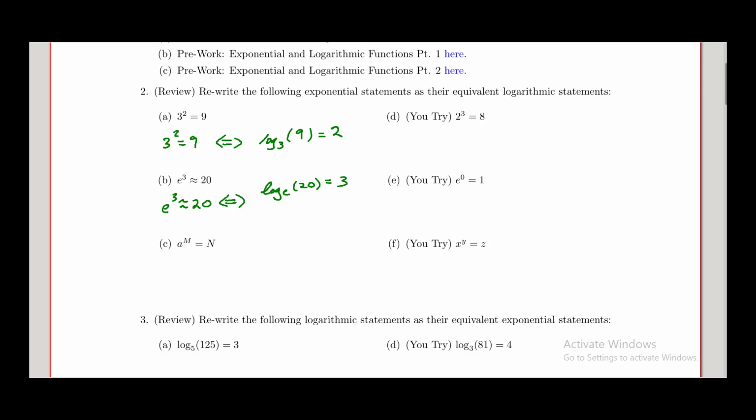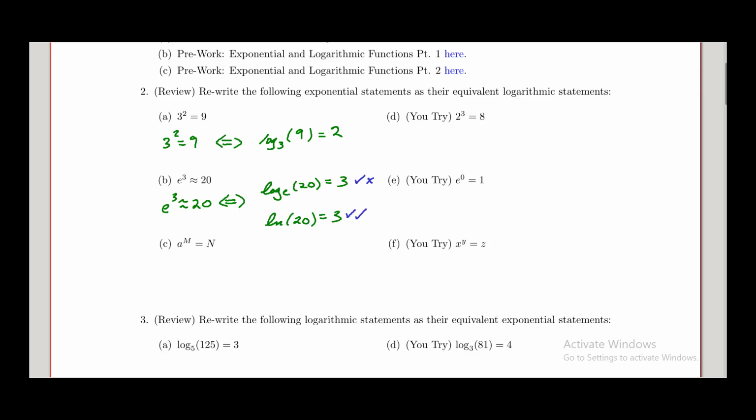And if you thought that, you're sort of okay, but we're going to say let's not use log base e. Instead, we go ahead and write the natural log of 20 is equal to 3. We use this ln to stand for log base e. And if that confuses you, you're in good company. I wish we would just write log base e. It would sure save me a world of explaining.